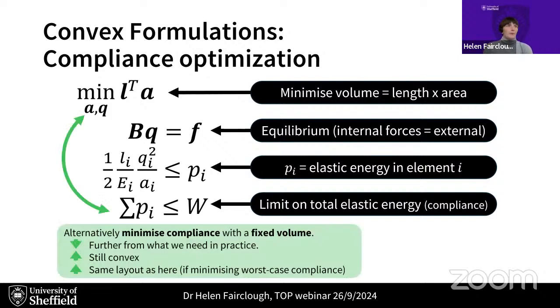The other major variation that you'll see is to minimize compliance with a fixed volume. That's a little bit more similar to what's commonly done in the continuum side of things.